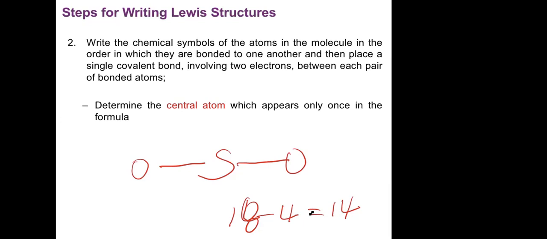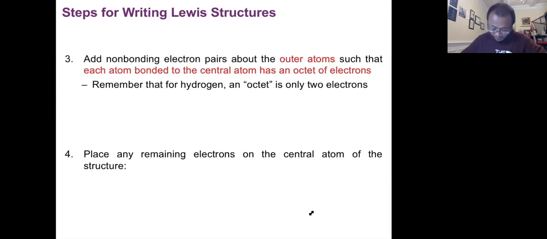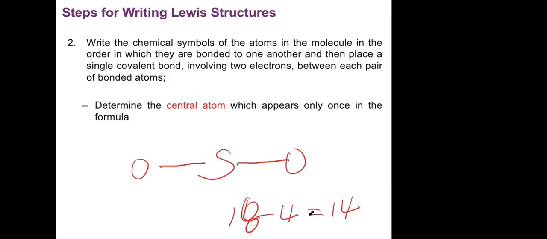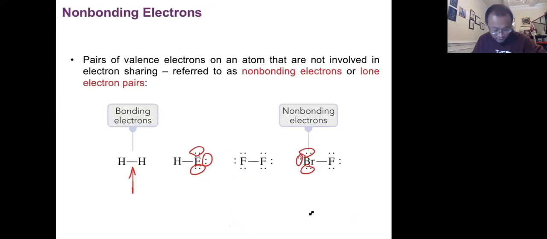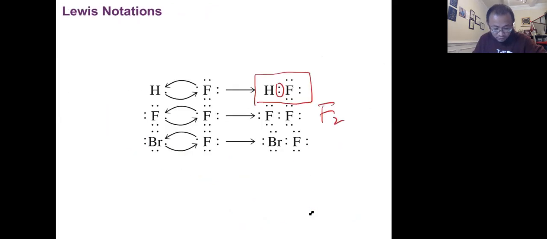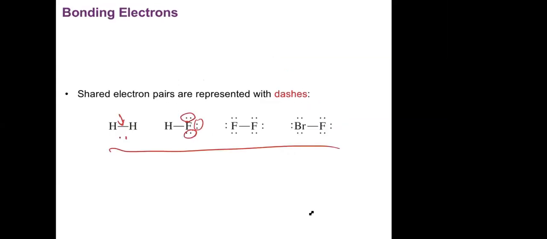I have a question. If it's a single bond, why are 2 electrons involved? Single bond is 2 electrons. That's what we have been talking about, right? A bond means 2 electrons shared. This is a bond here. This is a bond.